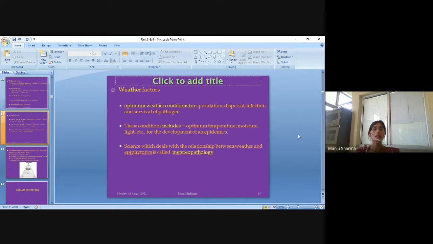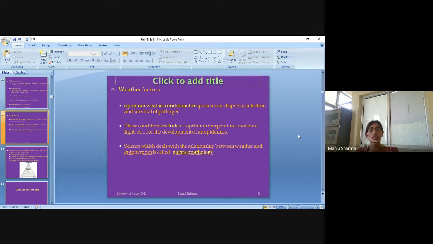The next factors are weather factors, in which optimum weather conditions are needed for sporulation, dispersal, infection and survival of the pathogen.